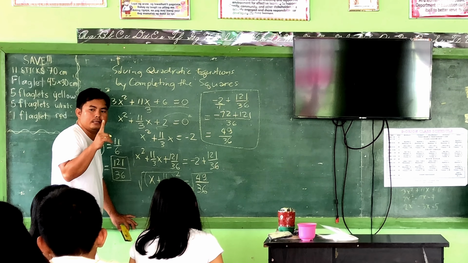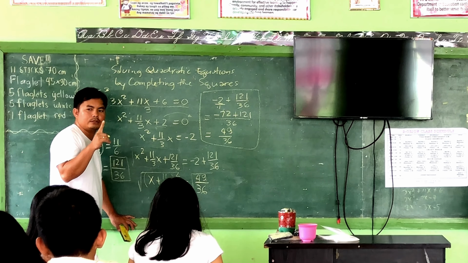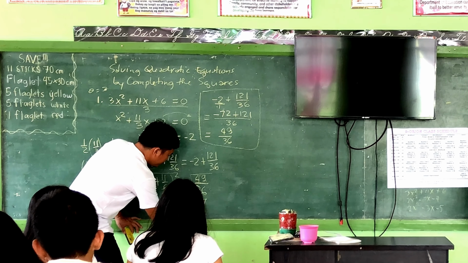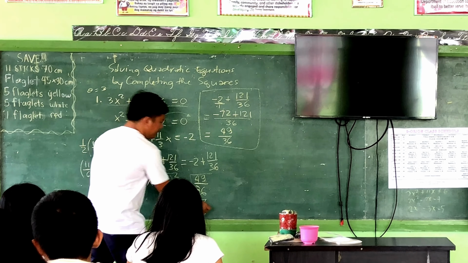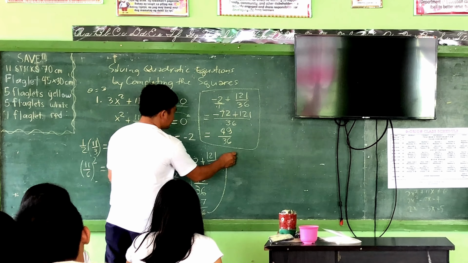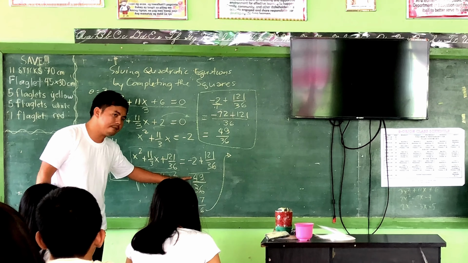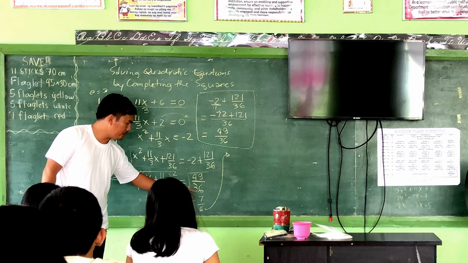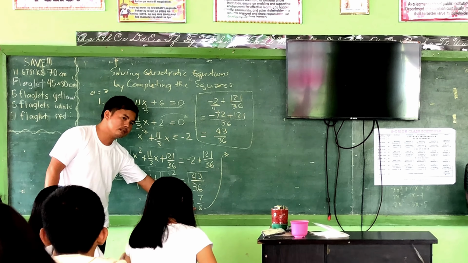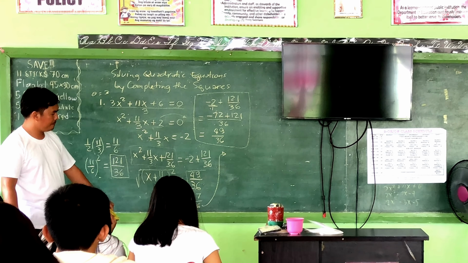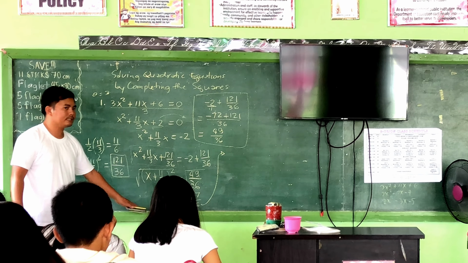Square root of 49 is 7, square root of 36 is 6. Okay, next step.